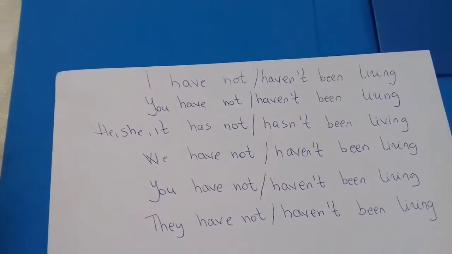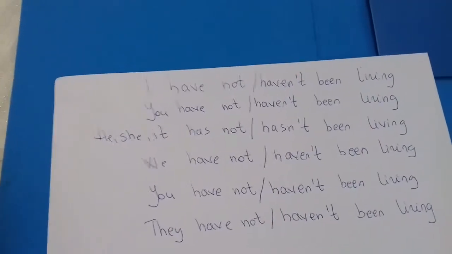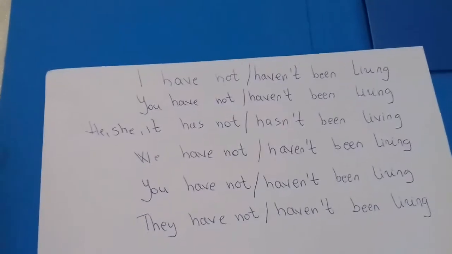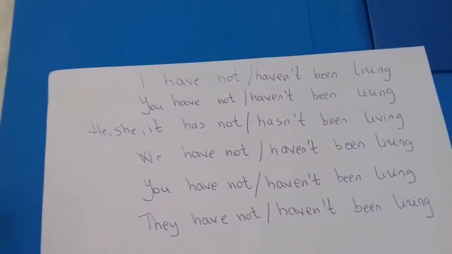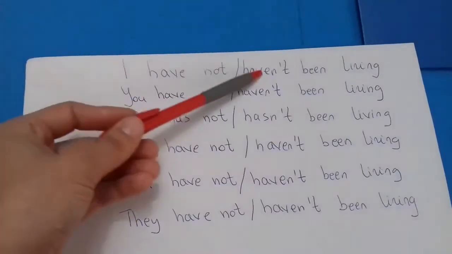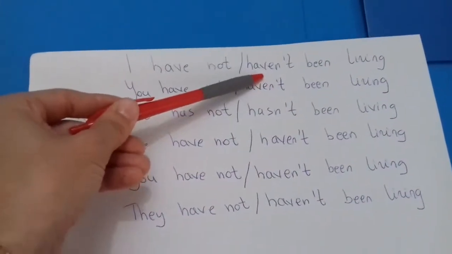But actually, we cannot combine everything. It's not possible to make contractions with every word, and because of that we must be careful. So I have not, when we combine two words in one, becomes haven't.